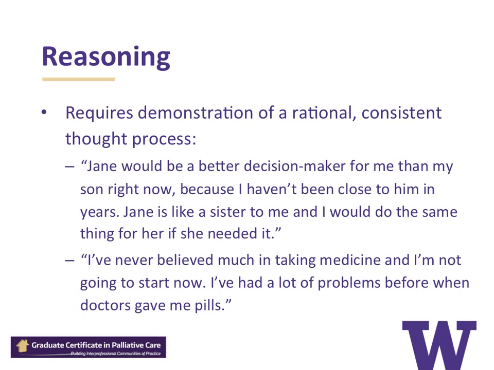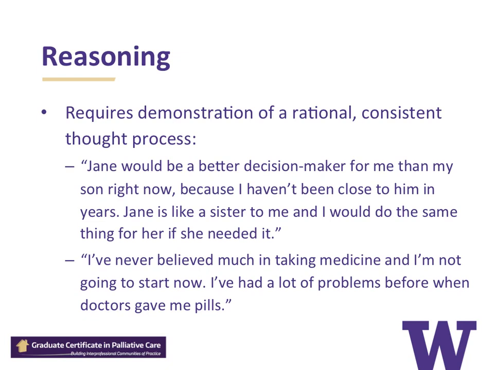Reasoning requires some illustration of a rational thought process, although it does not need to be one that everyone would agree with. Patients should be able to indicate the major factors in their decisions and the importance of these factors. There are 2 statements on this slide illustrating rational reasoning. A patient might describe his choice of surrogate as follows: "Jane would be a better decision maker for me than my son right now because I haven't been close to him in years.